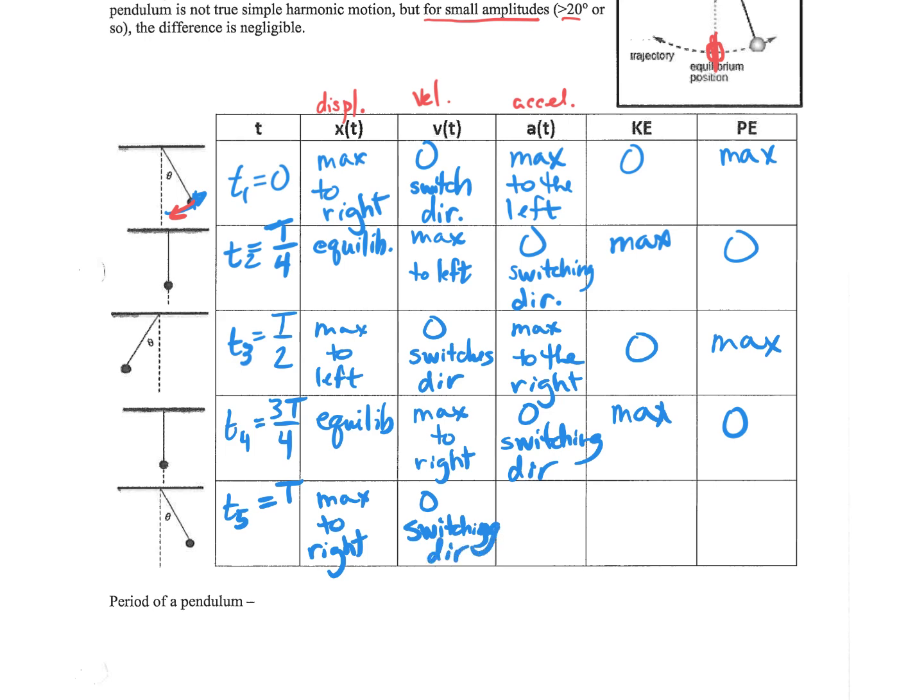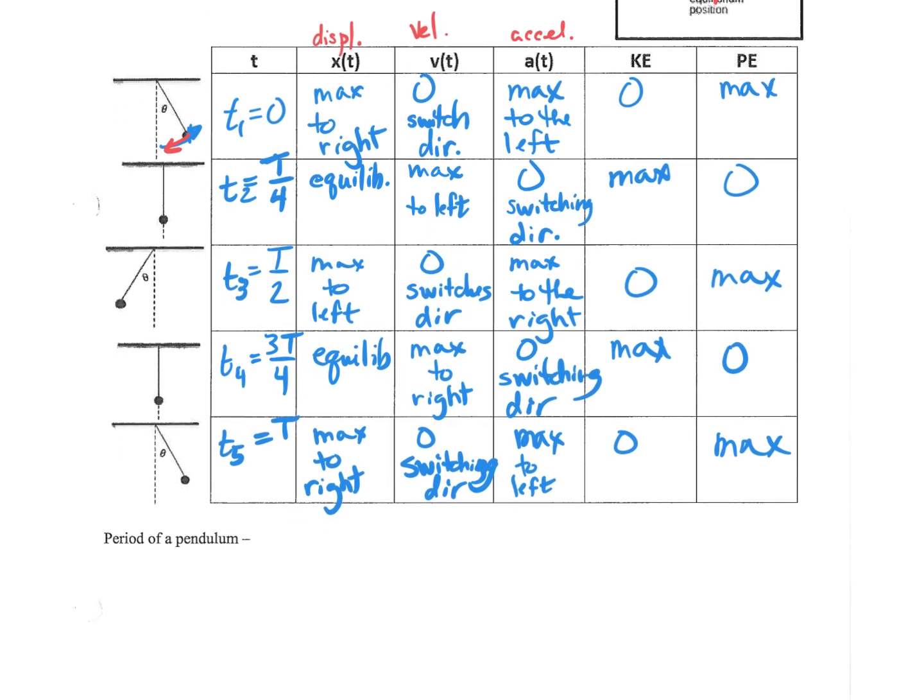Acceleration is going to be at a max to the left because it wants to now move to the left. It's stopped at the top, so the kinetic energy is 0, and thus the potential energy must be maxed. Do we understand how this works? Good.